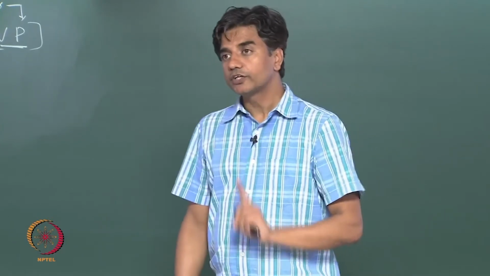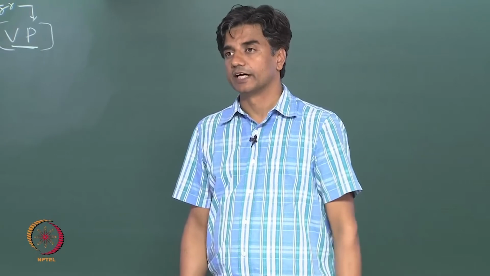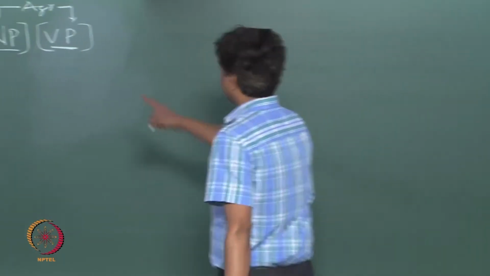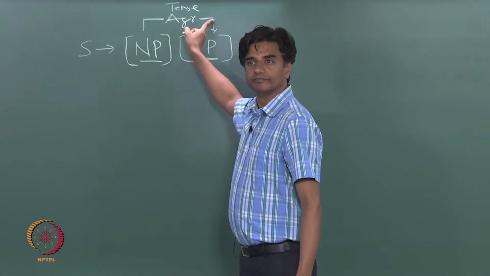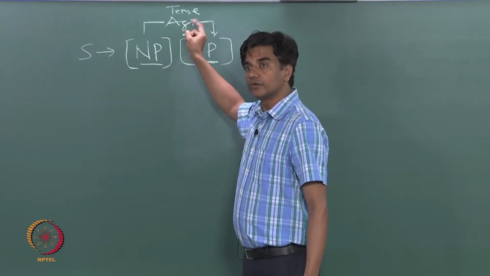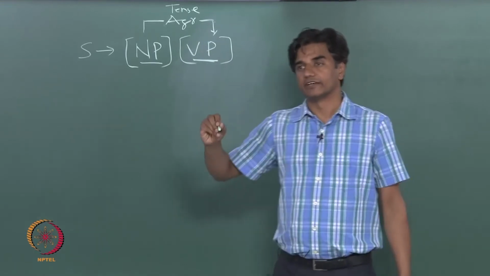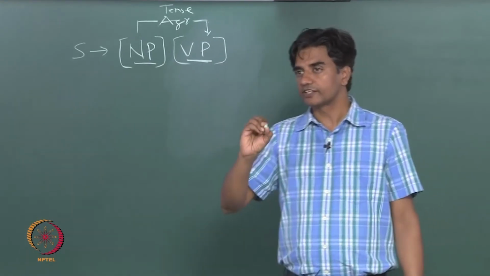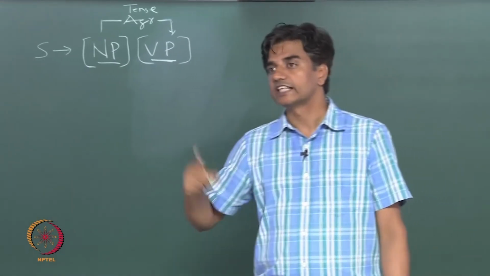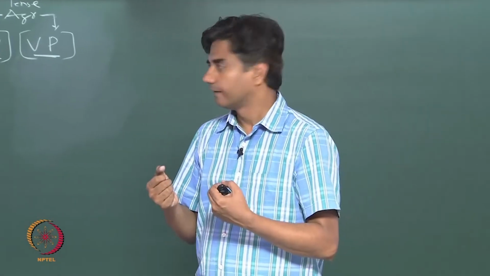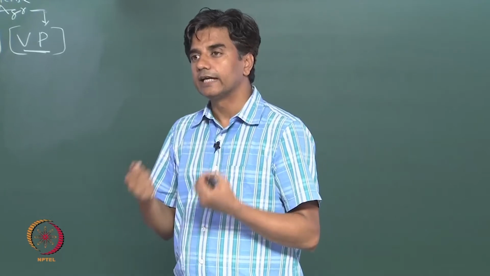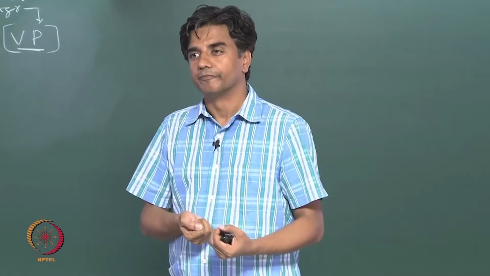The reason why it goes to the specifier position of AGRP is because it needs to take care of agreement, and it is subject which agrees, which you have been seeing so far, that the agreement takes place with subject NP.